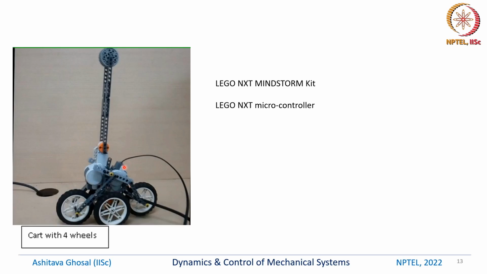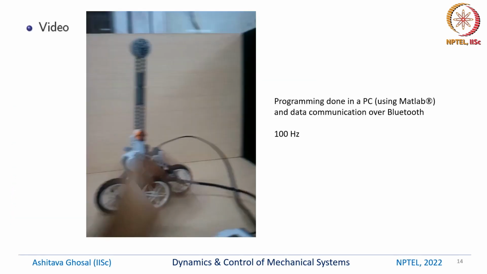Okay, so we built this kit, and then I will show you some videos of what this kind of pendulum on a cart can do. So the programming, as I said, was done in a PC using MATLAB, and the data communication was over Bluetooth. So we used about 100 Hertz as the controller frequency.